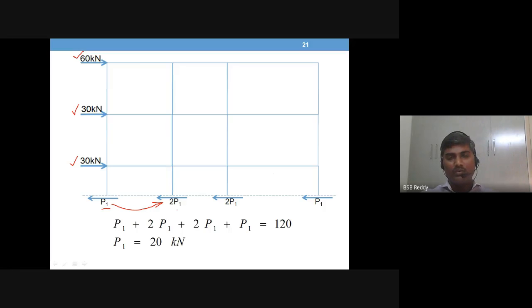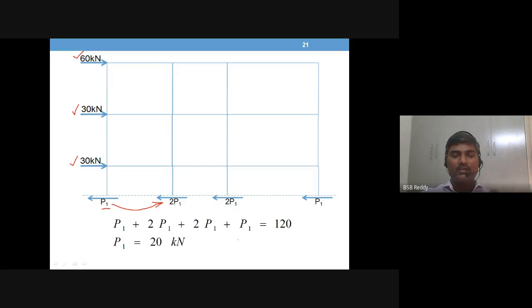Now if you don't have that assumption, what you will have is, this will become P11 for column 1, right? This will become P12 for column 2. This will become P13, P14, four unknowns, right? So because of the assumption, you have just one unknown in this equation.